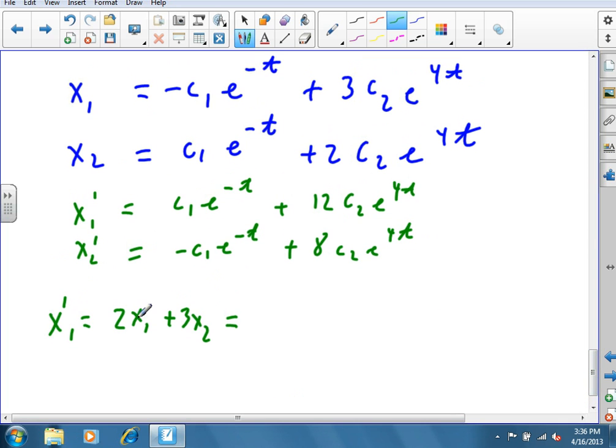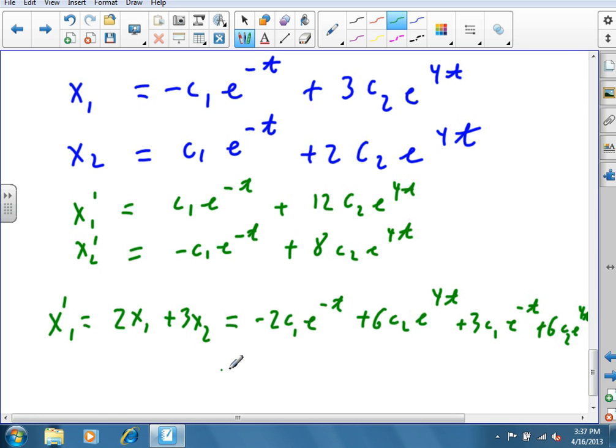Okay, so 2x1 is minus 2c1 e to the minus t plus 6 c2 e to the 4t, plus 3x2, which is 3c1 e to the minus t plus 6 c2 e to the 4t. There's going to be c1 e to the minus t plus 12 c2 e to the 4t. Does that work? Check.